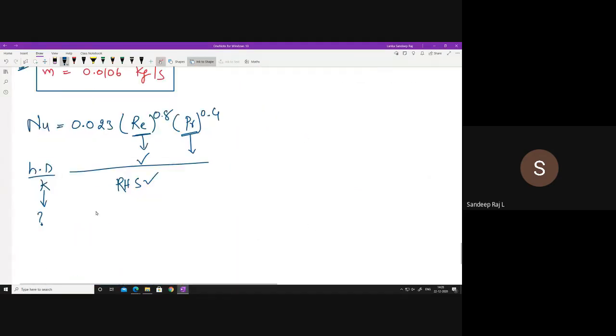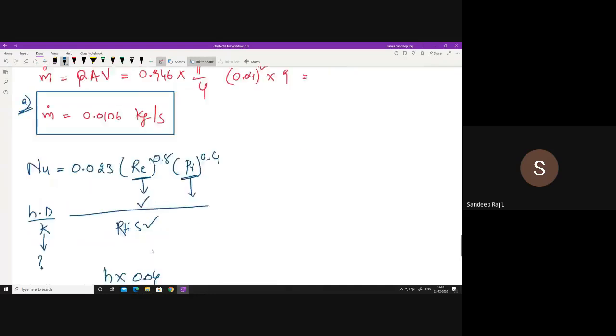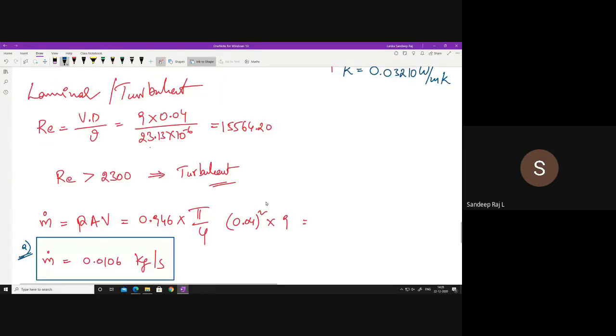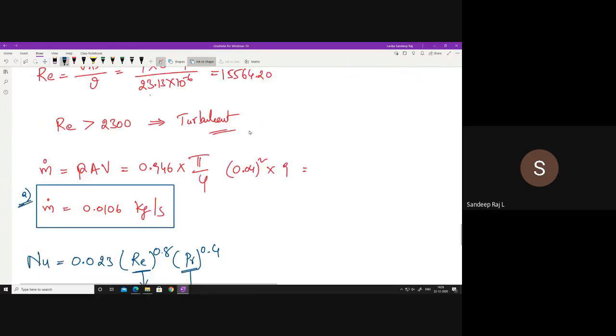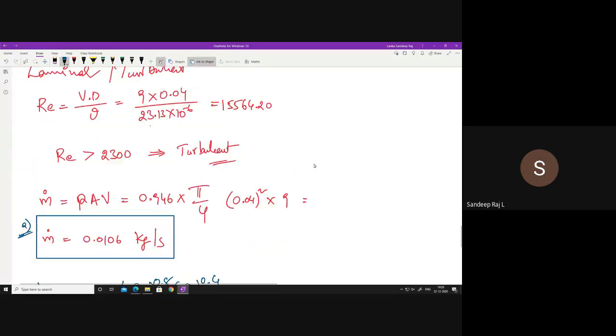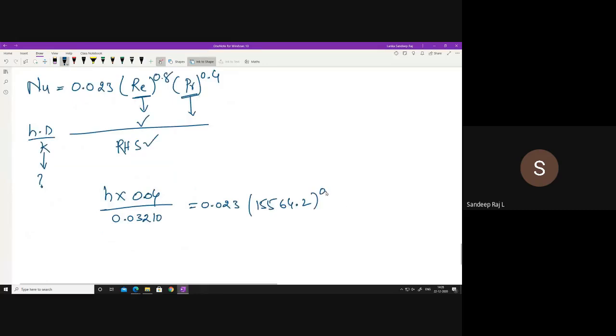So you have the Prandtl number and k with you. The simple thing to do next is substitute all of them here. h into d, where d is given as 0.04, by the k value 0.03210, is equal to 0.023 into Re. What is Re that you have found out just now? It is 15564.2, power 0.8.